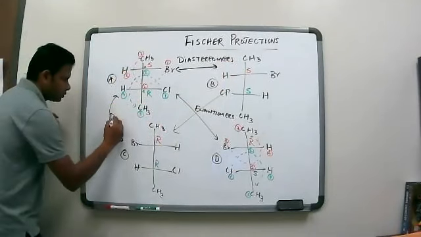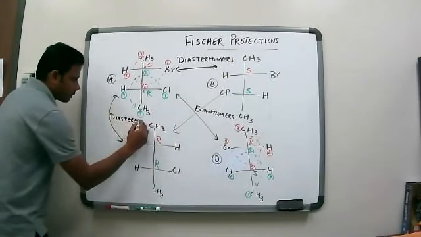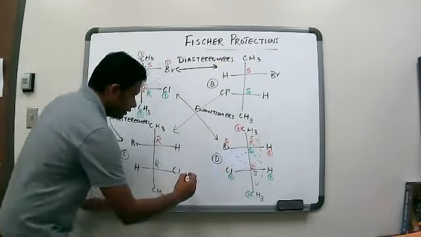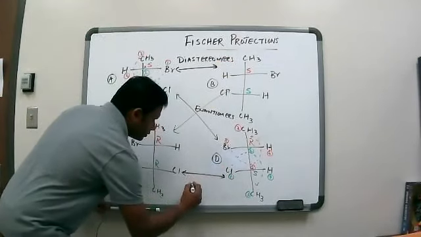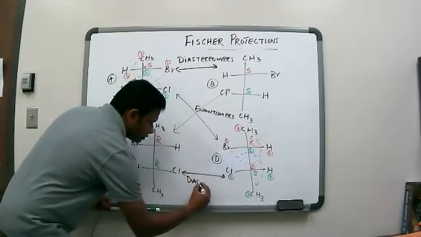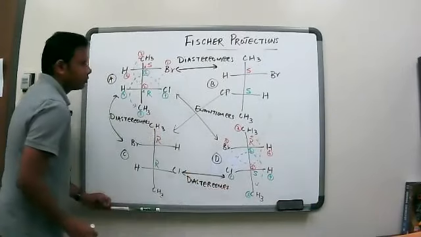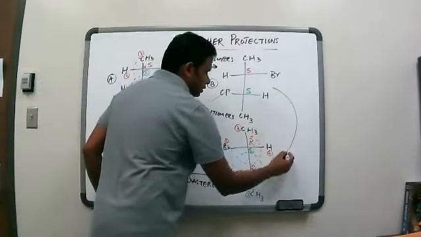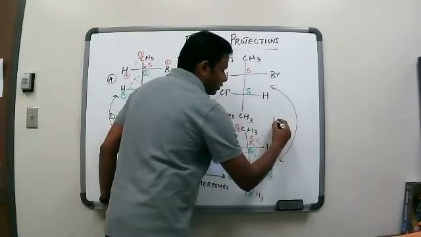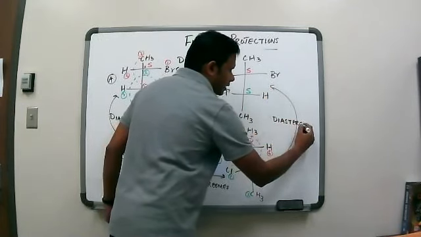So these are also diastereomers. And then as you work through this, you would realize that C and D are also diastereomers, and B and D are also diastereomers.